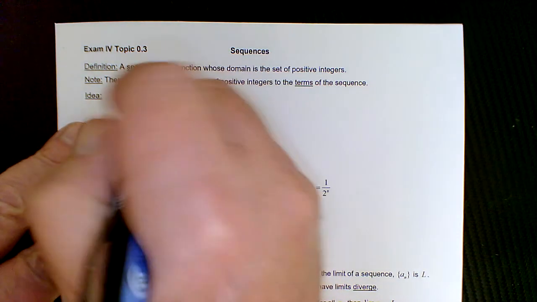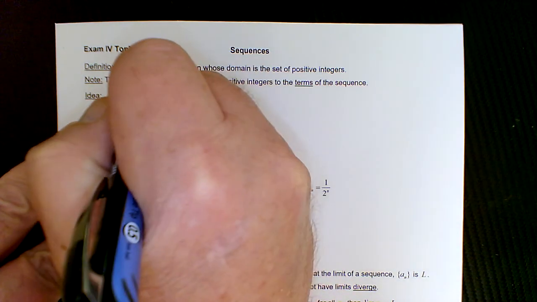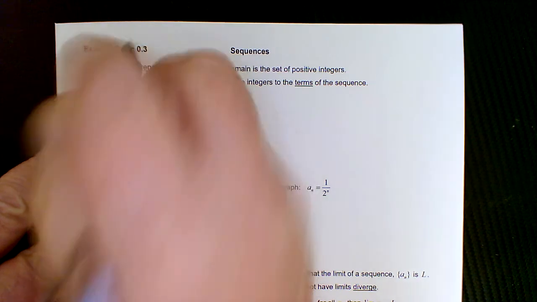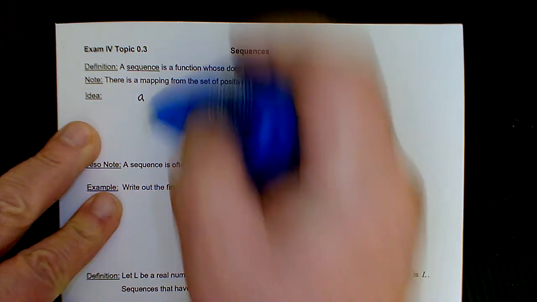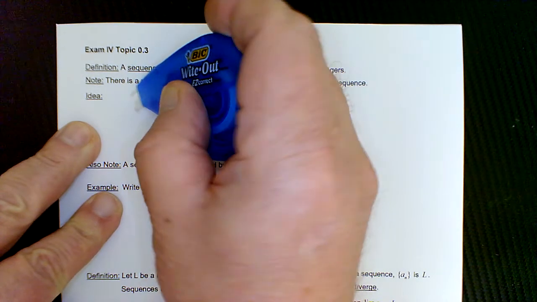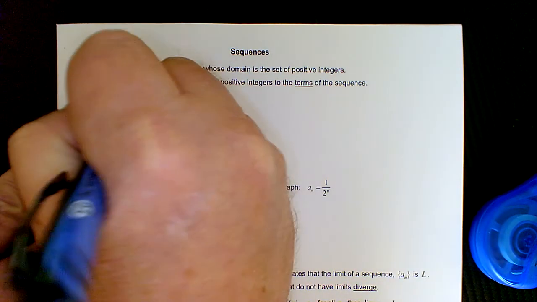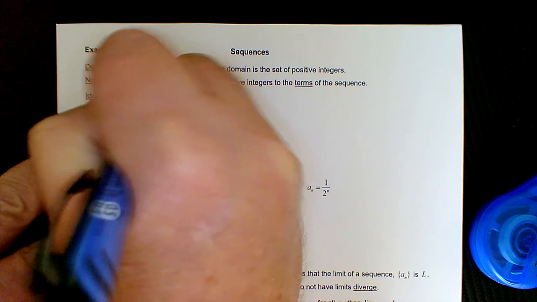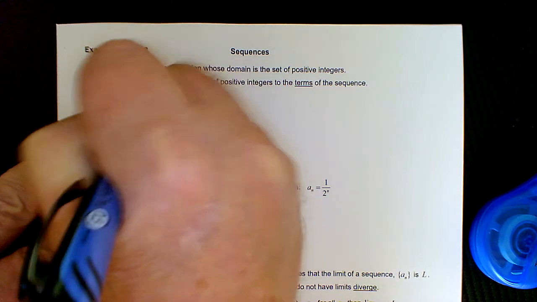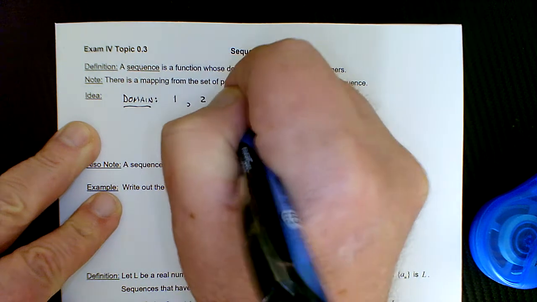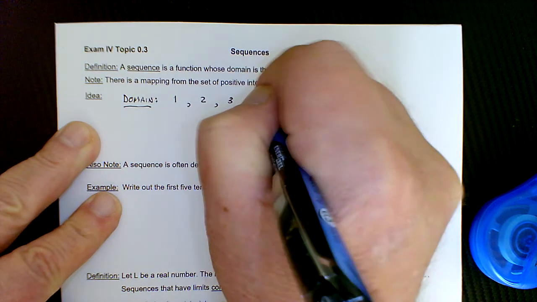So, for example, instead of using x, we're going to use a, and we're going to have the domain be just the set of the positive integers. So the domain is just the numbers 1, 2, 3, 4, and so on.